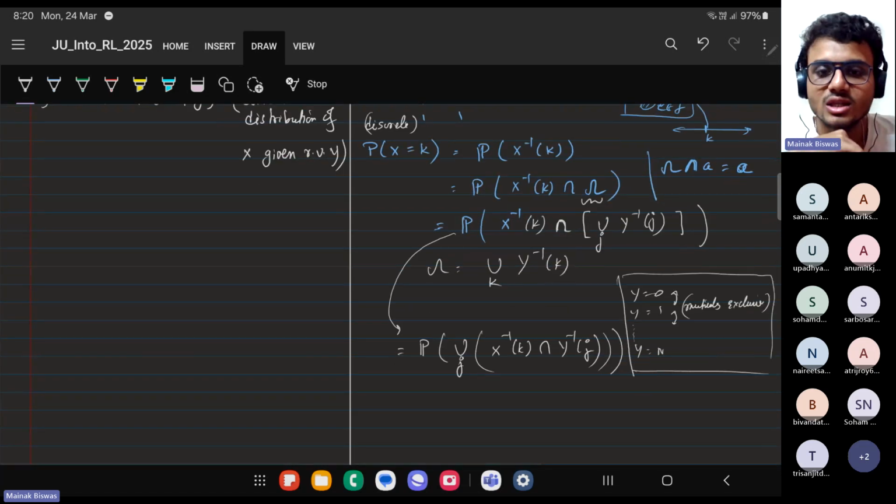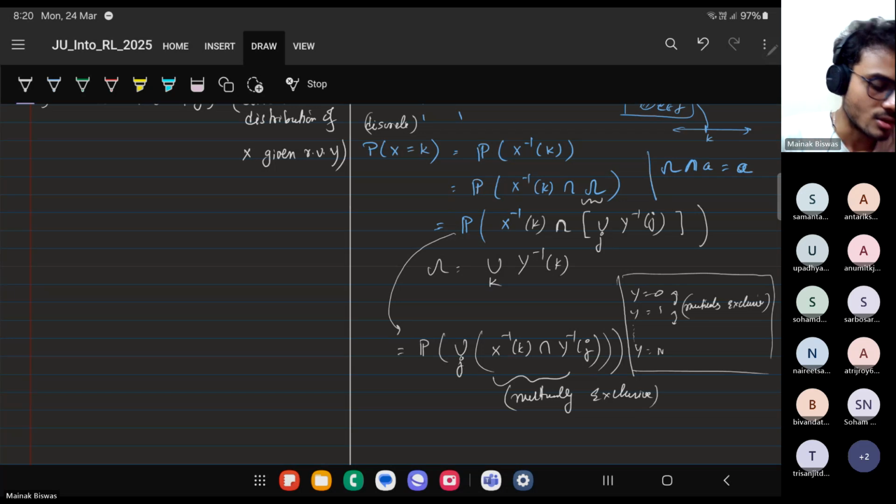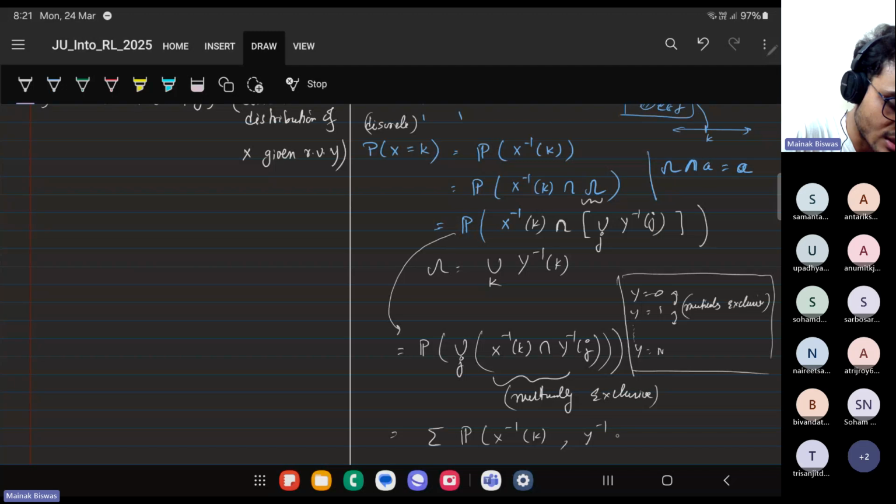Fine. So now what theorem can we use? We have proved this in the first class. Do you agree these are mutually exclusive? What axiom of probability can we use? The union can be written as a summation of probability x inverse k, comma y inverse j.